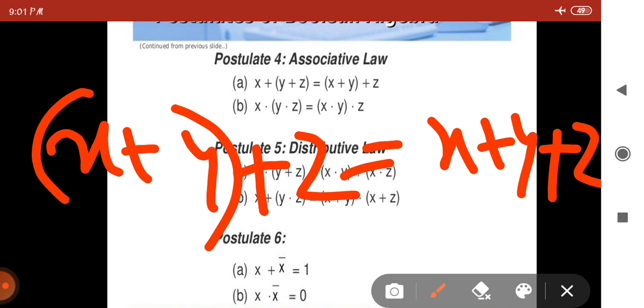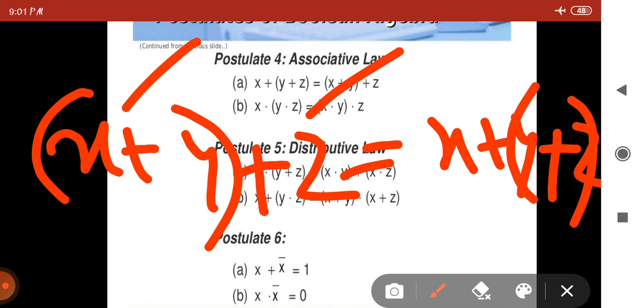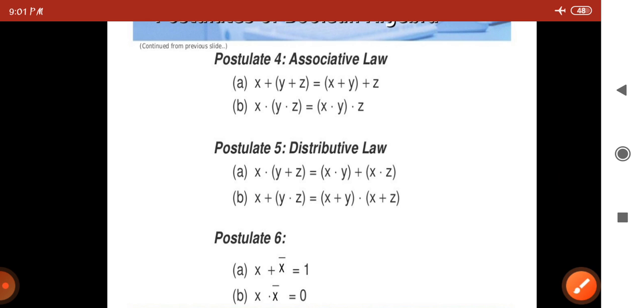But if your expression is like that, the first precedence is this one, the second precedence is this one. Yes, keep it in your mind. x into y into z, first is the bracket, then afterwards the OR operations and AND operations.